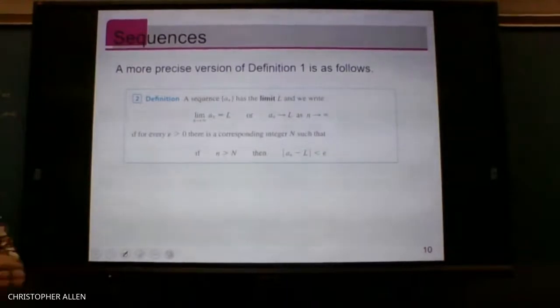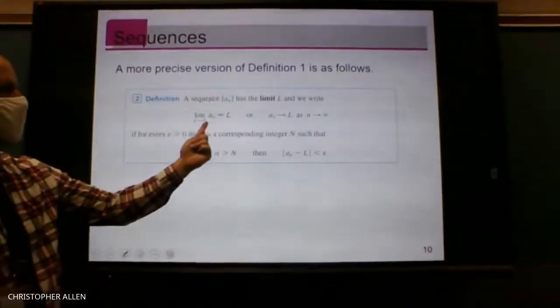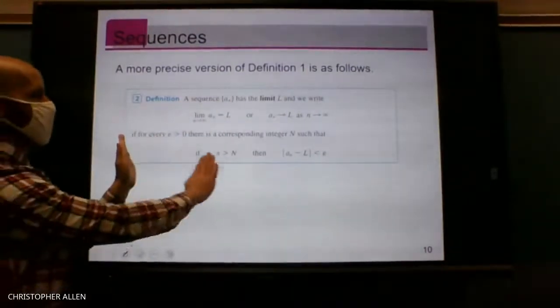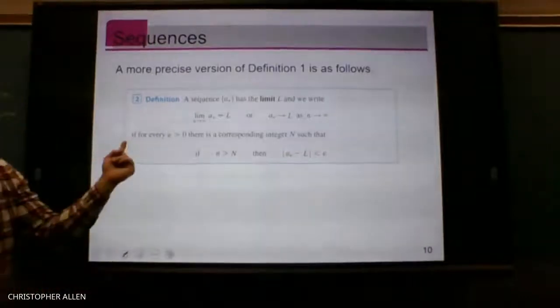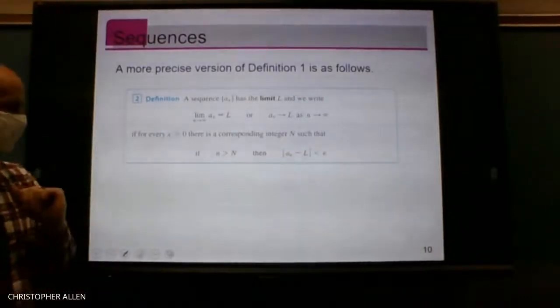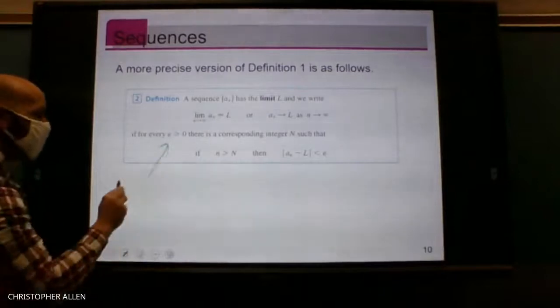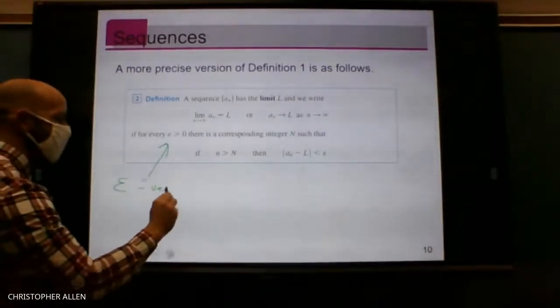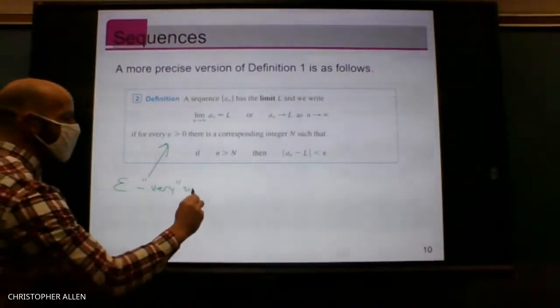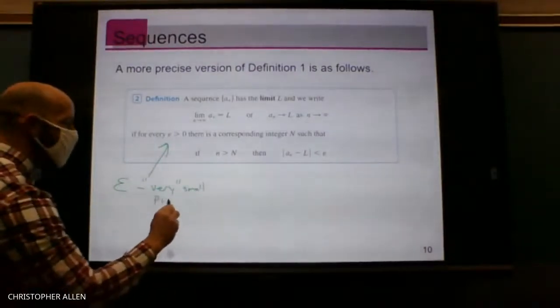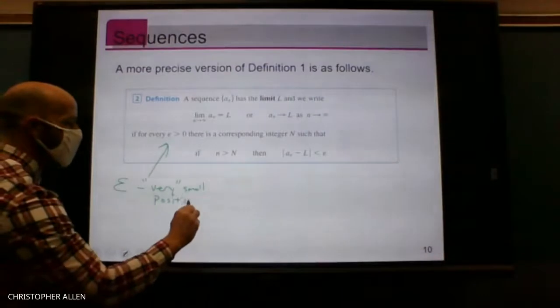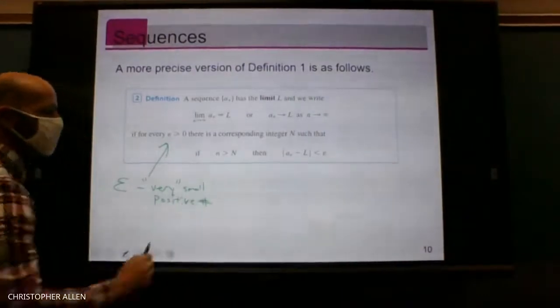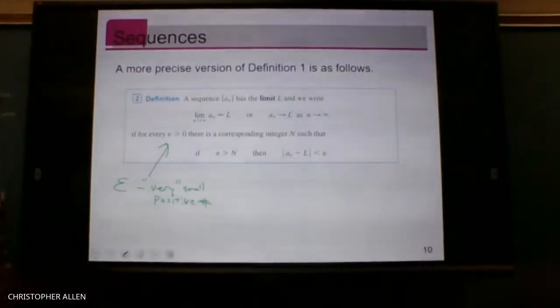It basically says the exact same thing that the last slide says, but then it adds this little piece right here. It says for every epsilon greater than 0, and I'll just let you know, epsilon is a very small positive number. When I say very small positive number, I'm not talking about like 1.